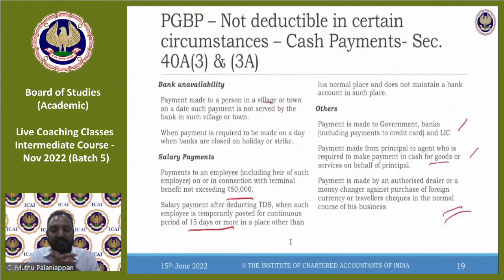But if you are making any payment in cash, that expenditure should not be included. So in your case, if you have paid the 30,000 through cash, the entire 30,000 will not be included. If it is crossing above 10,000, the entire amount is disallowed. The entire amount is not included. So that's what it is.